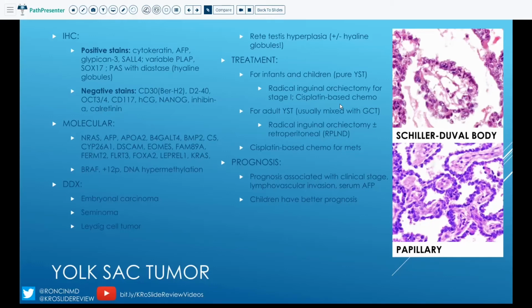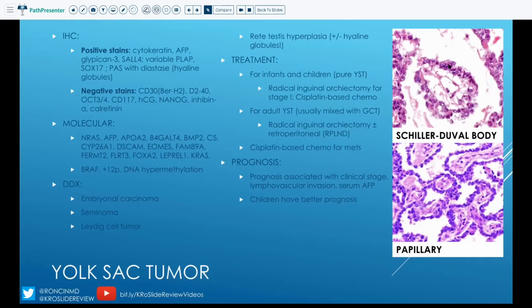Remember, RPLND is retroperitoneal lymph node dissection. And they'll look at doing cisplatin-based chemo for metastasis. Prognosis for these is related more to your clinical stage, lymphovascular invasion, and serum AFP levels. And children overall tend to have a better prognosis.